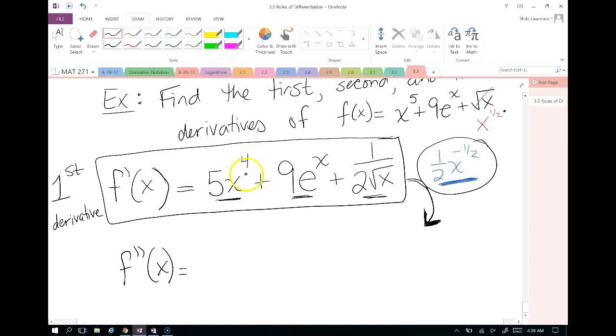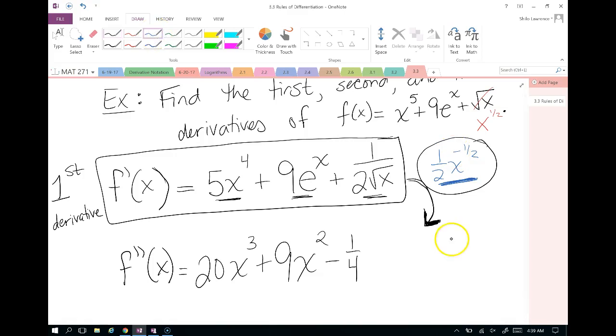So the derivative for 5x to the 4th is going to be 20x cubed. The derivative of 9e to the x is 9e to the x. And then the derivative for 1/2 x to the negative 1/2, it's just a power rule. We're going to bring the negative 1/2 out front, and that's going to be a negative 1/4. The new power, I'm going to write this in blue over here.